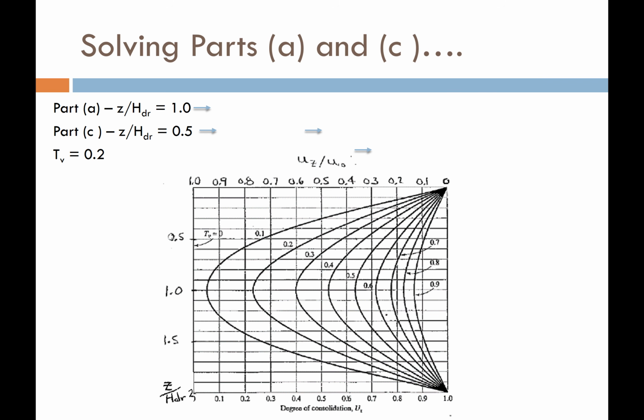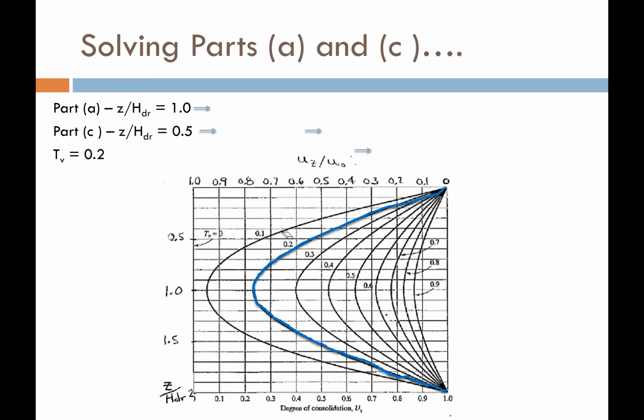So here we go. For part A, our ratio is equal to 1.0. Because we have a double drained layer, we're going to find where our T sub V factor was 0.2, because that's what we solved for. So there it is.